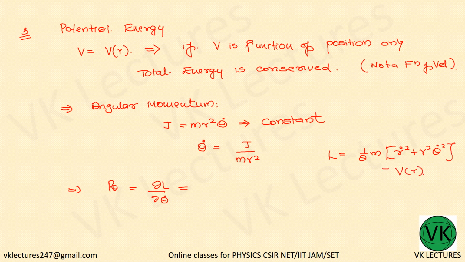So dou L by dou theta dot is nothing but m r square theta dot, so this can be written as the angular momentum J, or you can also write L, but we are not using L here because Lagrangian we have already used capital L. So the angular momentum J is equal to m r square theta dot, and from here we get theta dot, that means the angular velocity, which is equal to J divided by m r square.